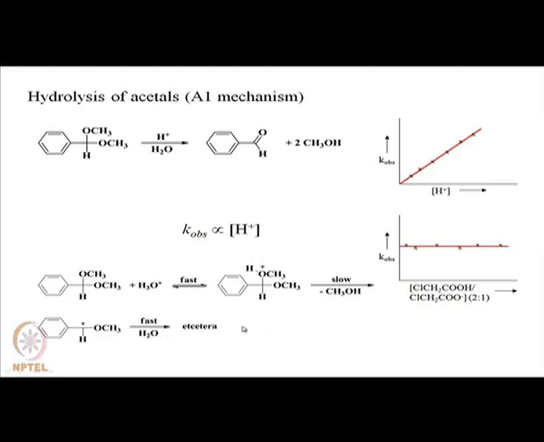produces your products. So, again, if you plot K observed as a function of your buffer concentration, keeping your pH constant, you won't see any change in your K observed. So, that means it strongly depends on the hydrogen ion concentration.